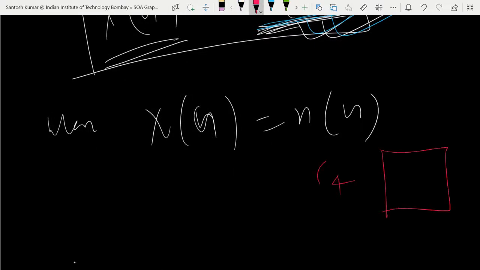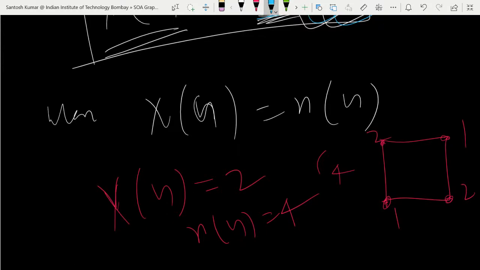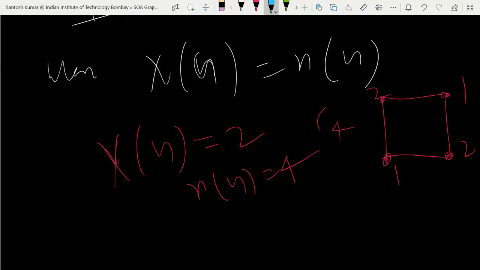This is C4, a cycle of 4 vertices. What is the chromatic number of C4? It is 2, and the number of vertices is 4. So 1, 2, 1, 2 is the coloring. Yes, now you said right, K4.